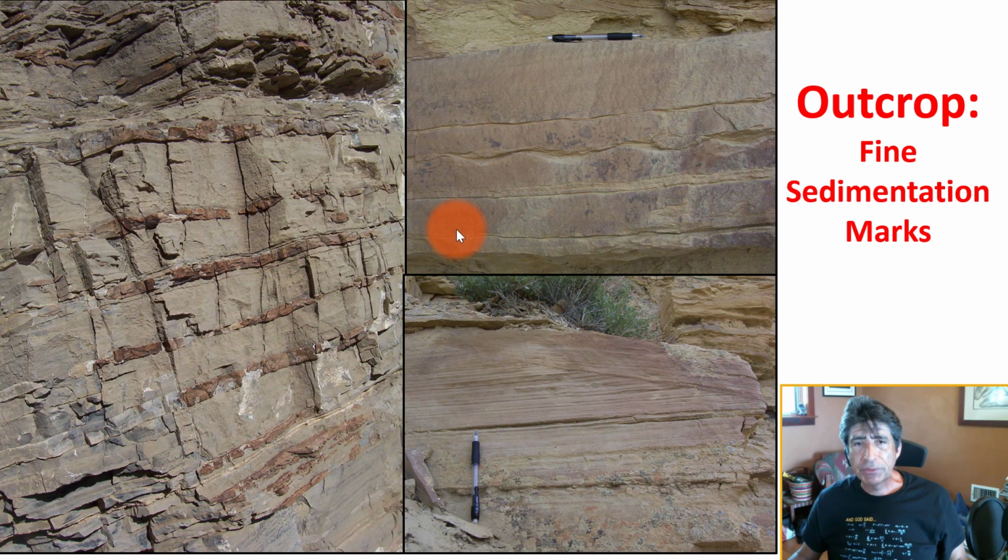And when we do a closer view of some of these outcrops in turbidite systems, either in the channels or in the crevasse splays, levees, or in the fan complexes, we are going to see the relics, the imprint of the currents of sediment as they settle at the base of their component of the system.